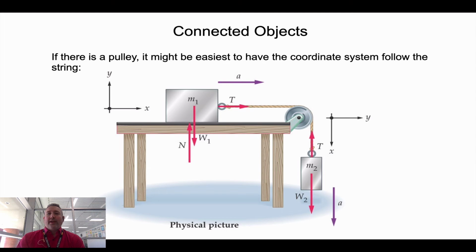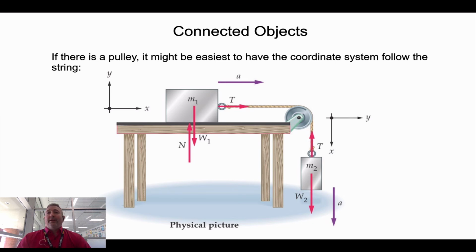So what we would look at then is the combined mass of the two objects moving as one acceleration. So obviously, in a setup like this, there are three different things that can happen. All right. One thing that we know is not going to happen is that mass 1 is not going to move to the left, and mass 2 is not going to go up.